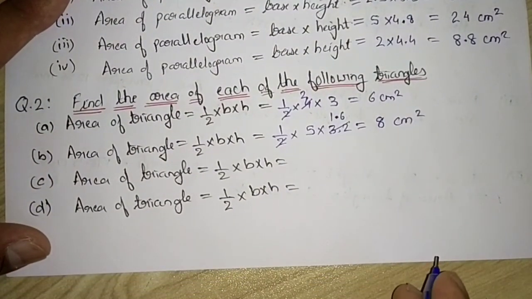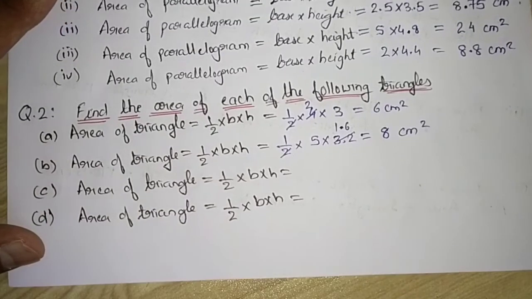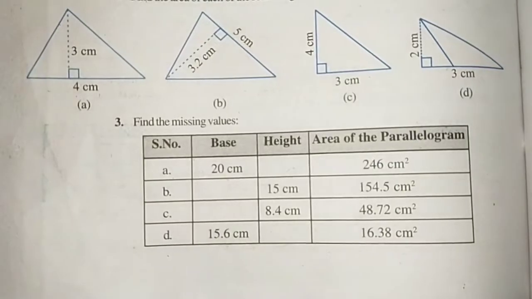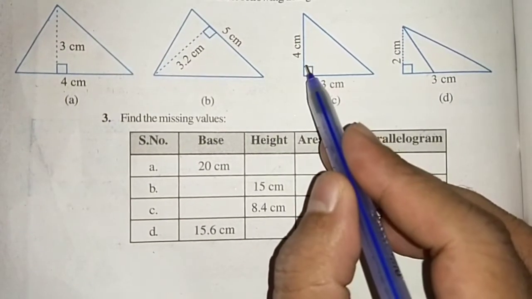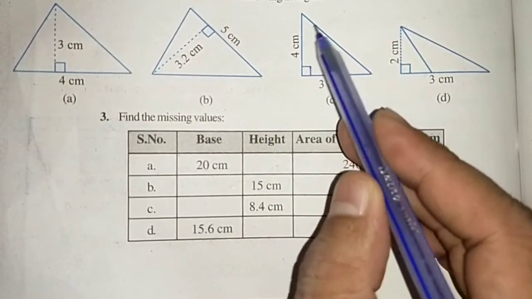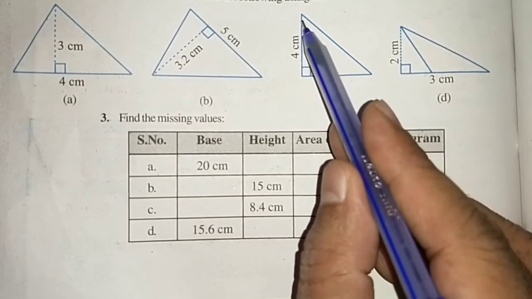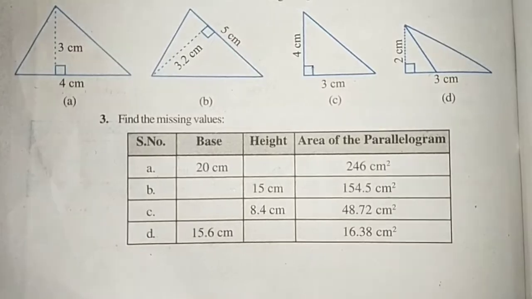Moving to the third part. Third, I want to show you the base and the height. Here you can see it is a right angle triangle. How I know? Here it is 90 degree. So any of them can be base. If I am taking this base, this will be height. If this is the base, then this will be the height.